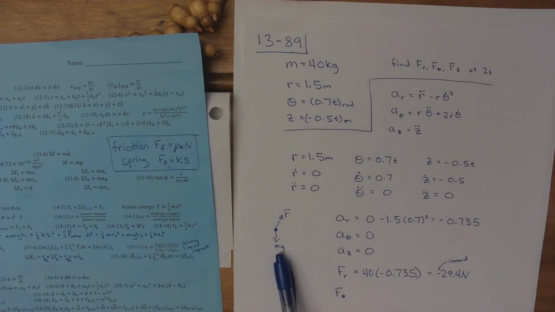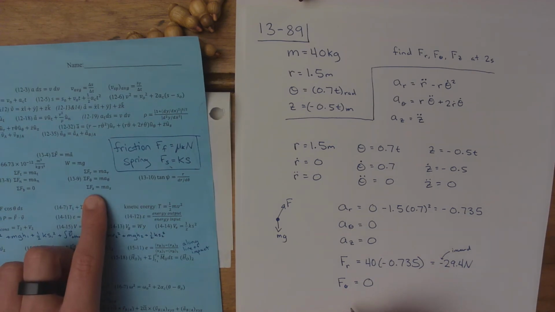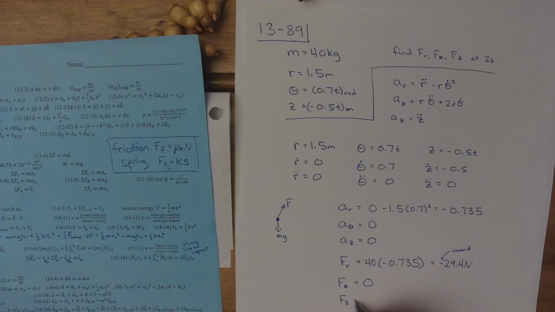The force of gravity does not have a component in the transverse direction, and because the acceleration in the transverse direction is 0, the component of the force of the slide acting in the transverse direction is also 0. Then, when we look in the z direction, we have the sum of the forces in the z direction, which would be the z component of the force of the slide on the boy, minus the force of gravity is equal to the mass of the boy times the acceleration in the z direction, which is 0.